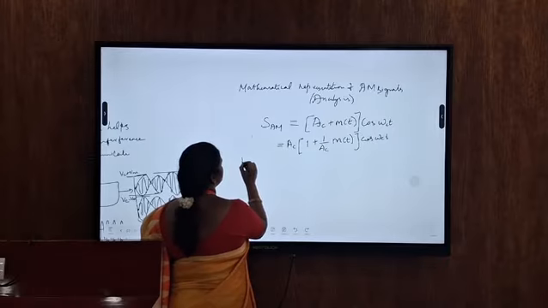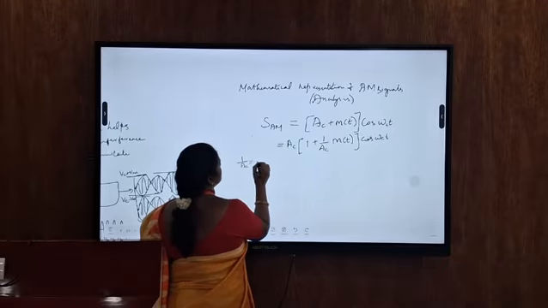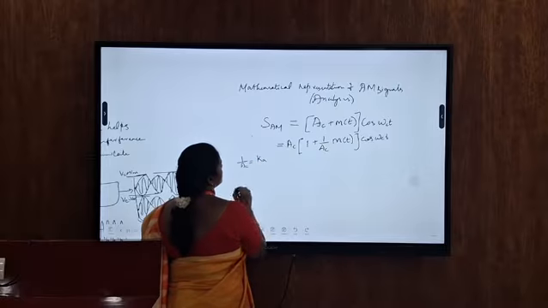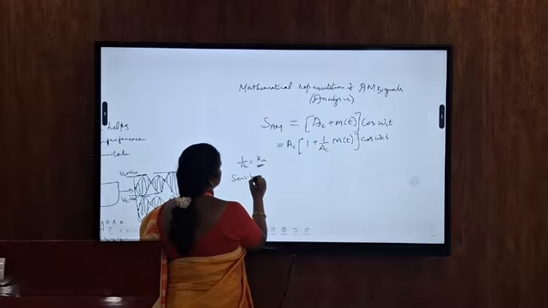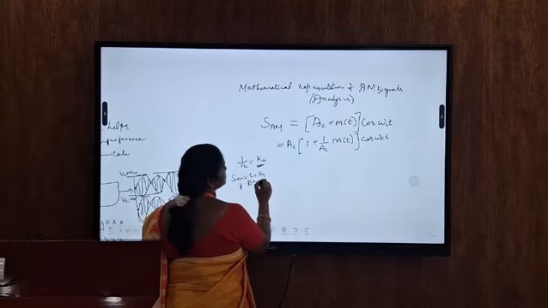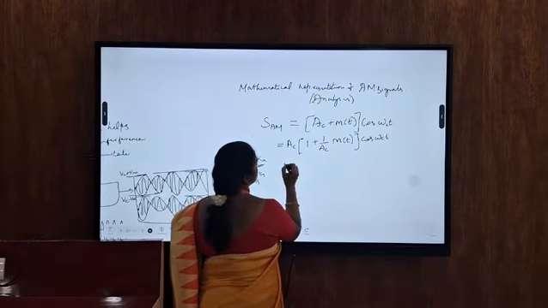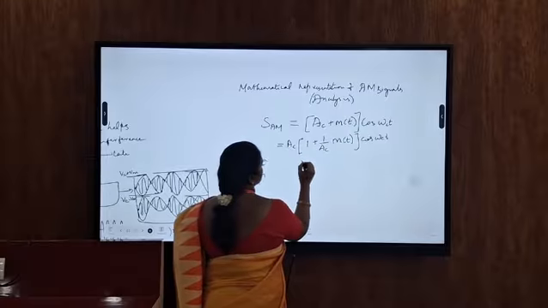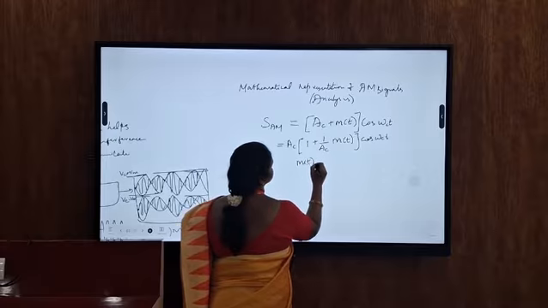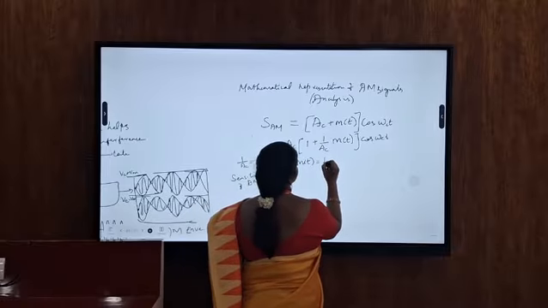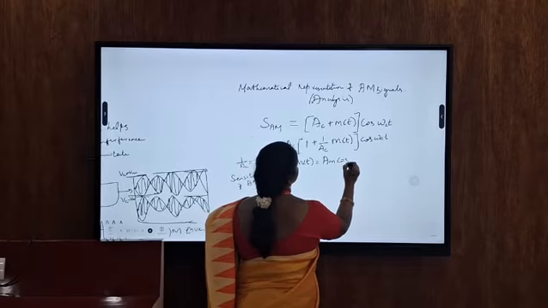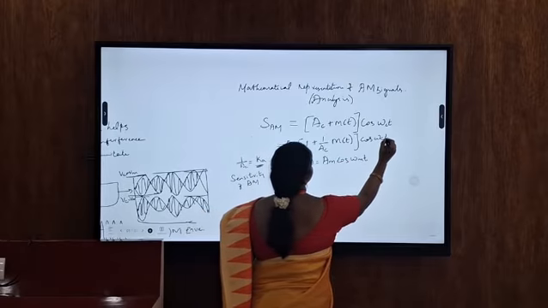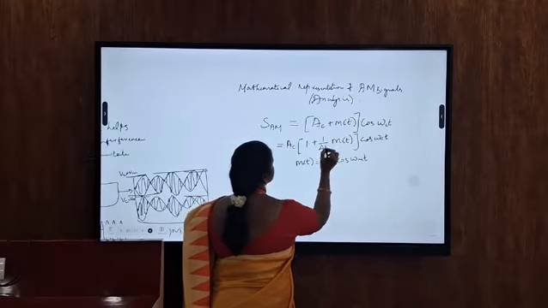Here 1 by Ac is nothing but ka, which refers to the sensitivity of amplitude modulation. Again, m of t is nothing but Am into cos omega m t.